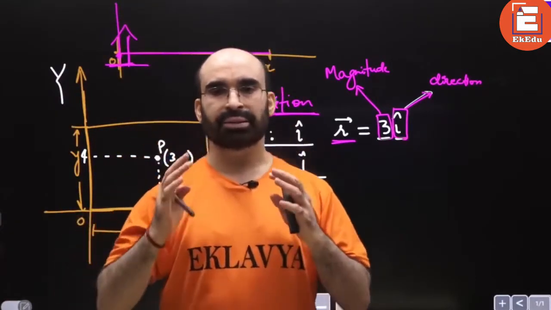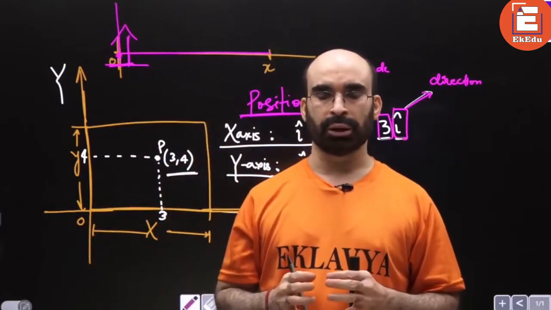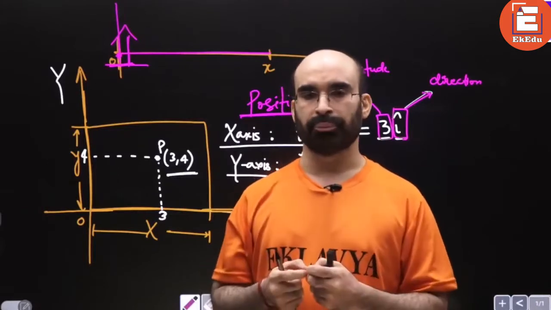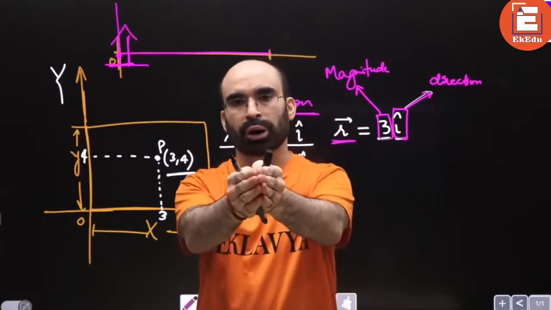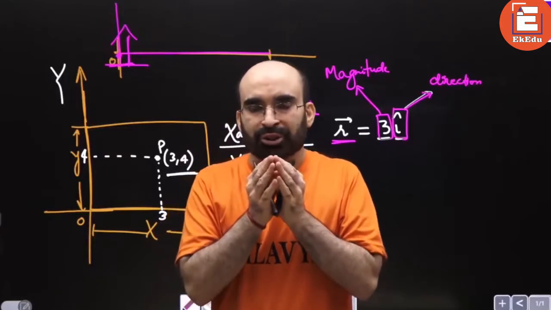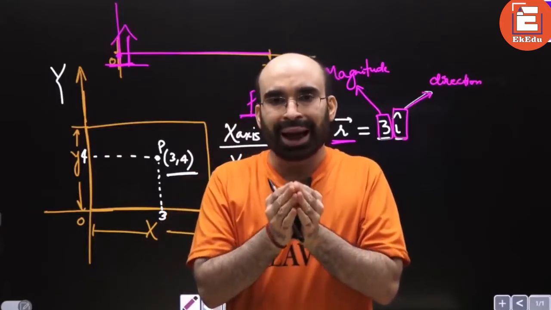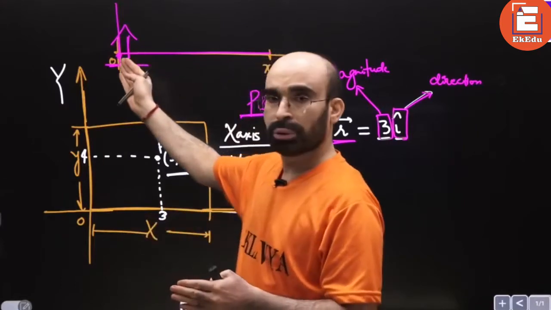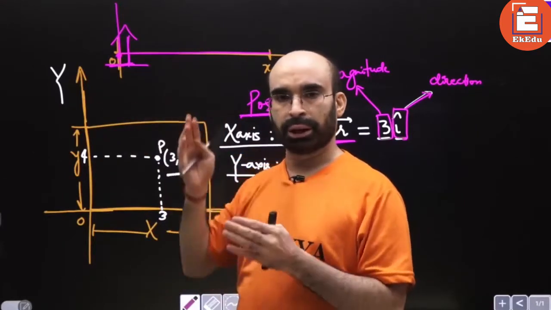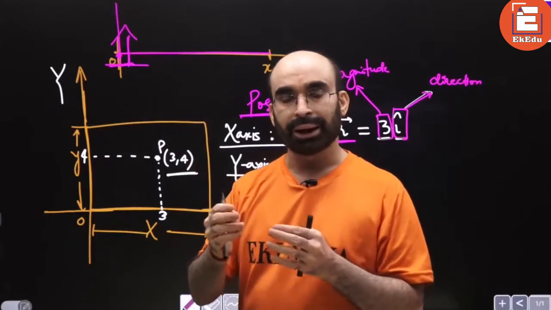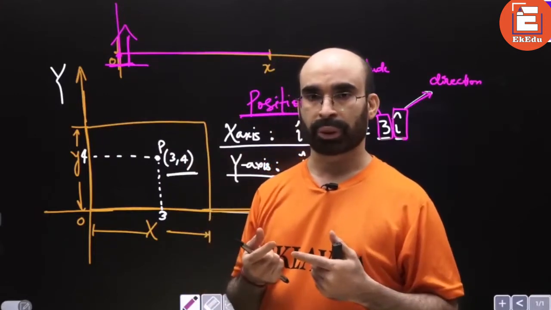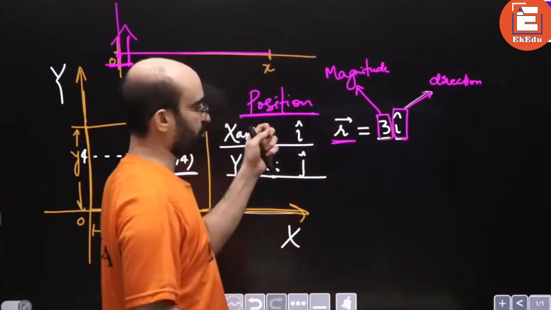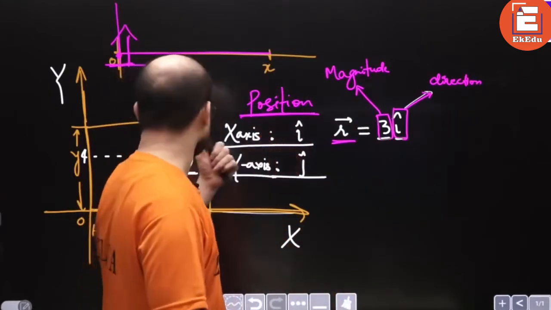So that is very important here. You need to specifically mention in which direction you are moving, or in which direction you have changed your position from home to somewhere else. In what direction? Right? That is important. So this is the way to express the position of this particle.